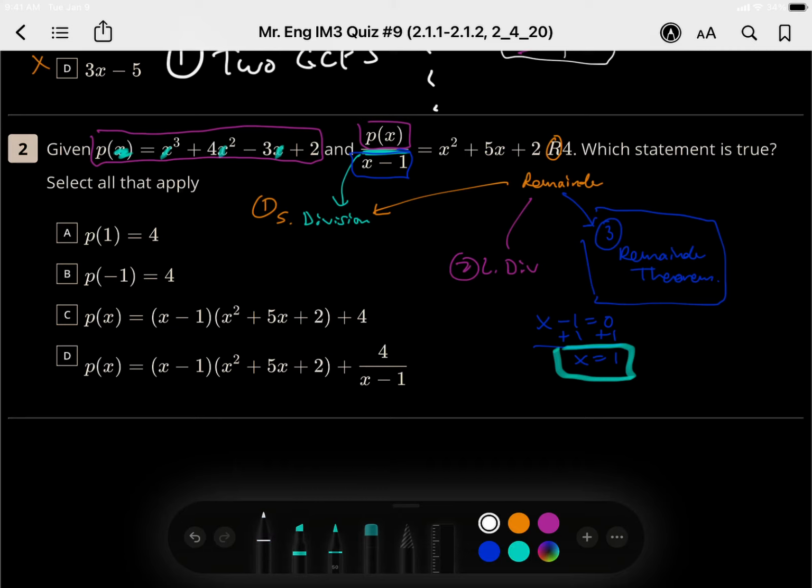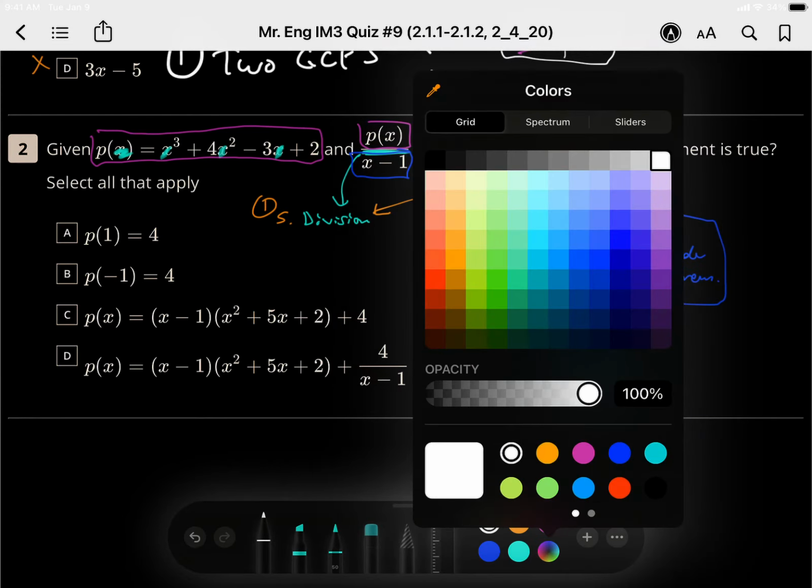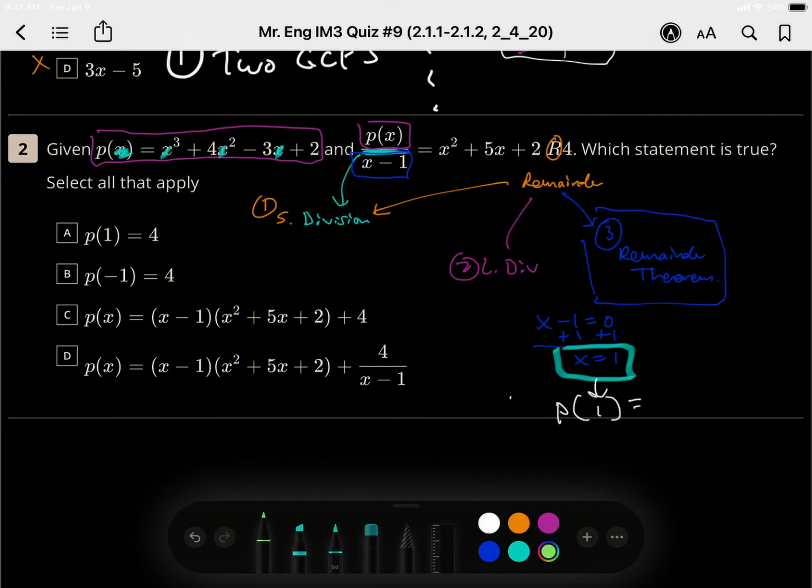They're saying if you put this number into the function, your result is a 4. So p of 1 equals 4. And is that one of our choices? That is. You can see that this x equals 1 is here, but this one has negative 1, which would be wrong.